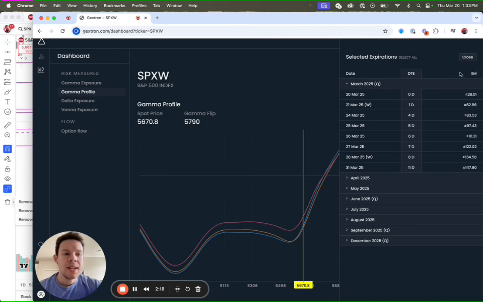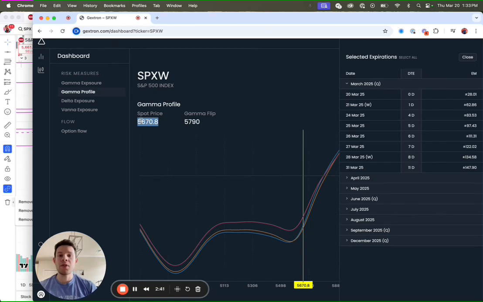And so this gives you a number here. It says plus and minus 28.01. So what it's telling you is that as of right now, from the current spot price at which this snapshot was taken, there are $28 moves to the upside left and $28 moves to the downside left.